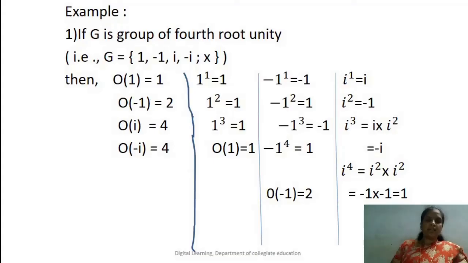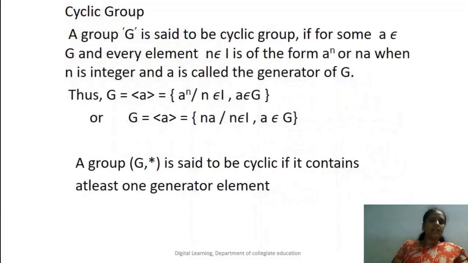That means I is acting as a generator. Here, I is acting as a generator. Minus I is also acting as a generator here. That means if you are multiplying like this, we have to get all the elements which are present in the group. So we can say that it is cyclic if it contains at least one generator element.